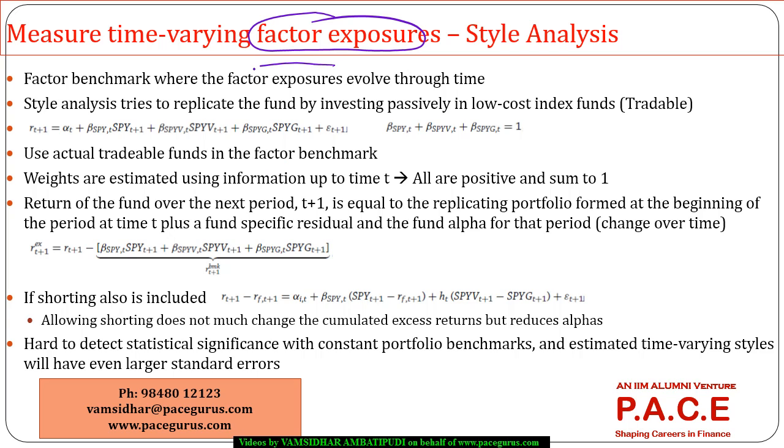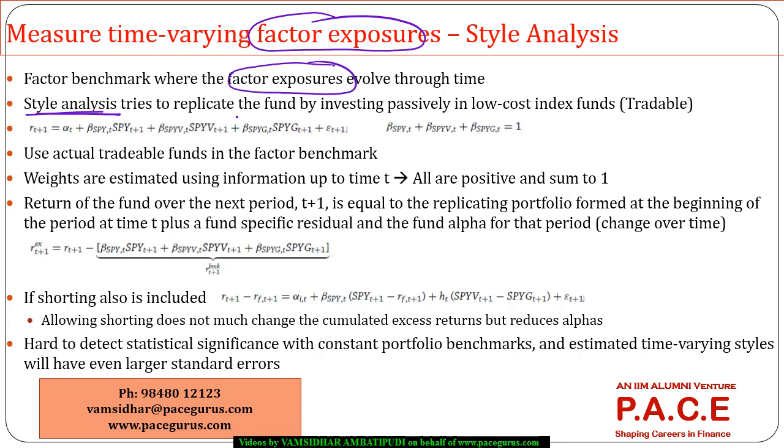Right, the factor exposure is not constant. So during a recession, the exposure could be different. During the expansionary phase of the economy, the exposure could be different. So this kind of analysis is what we are calling style analysis.